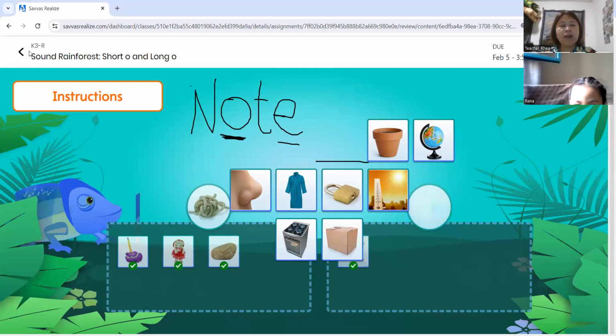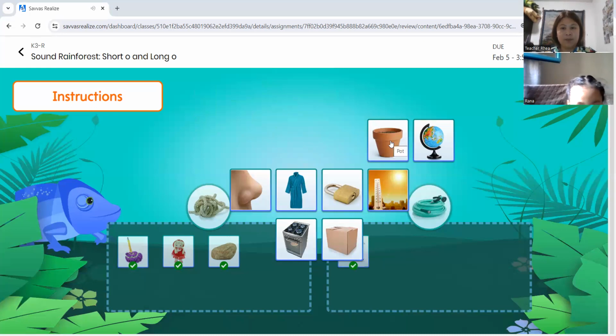How about the next picture? What is this? Do you know what it is? It's a pot. So how do you spell pot?